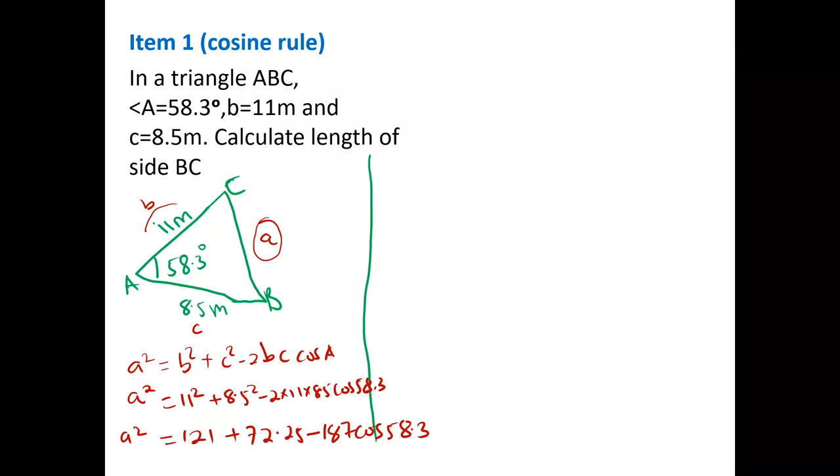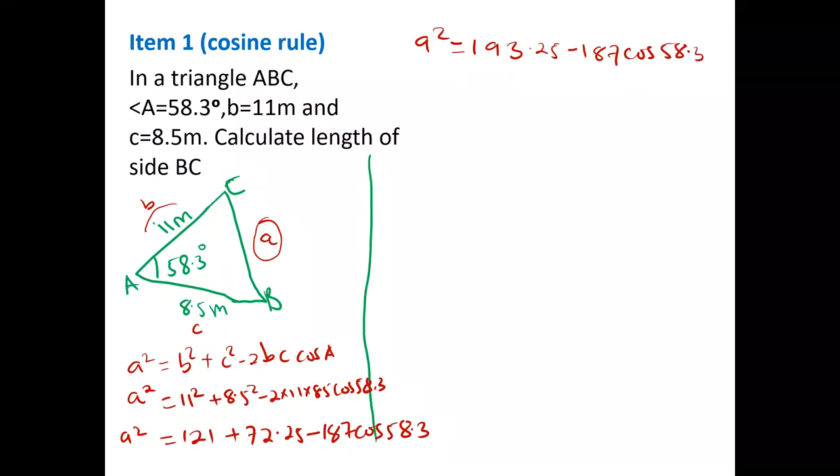So A squared is equal to 193.25 minus 187 cos 58.3.